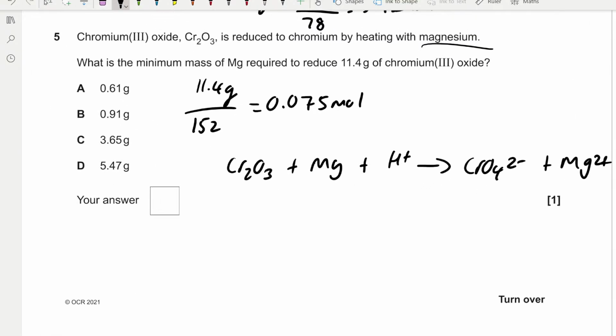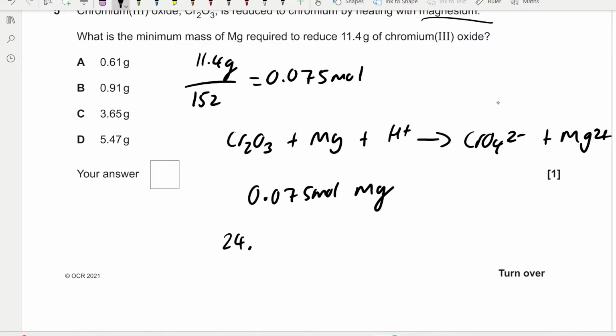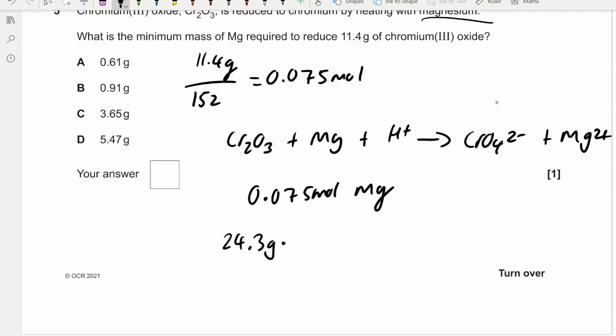So if we were to assume that they react in a 1-to-1 ratio, we would have 0.075 mole of Mg, which we can calculate the mass, so we multiply it by the MR, which is 24.3, (1.82 grams).